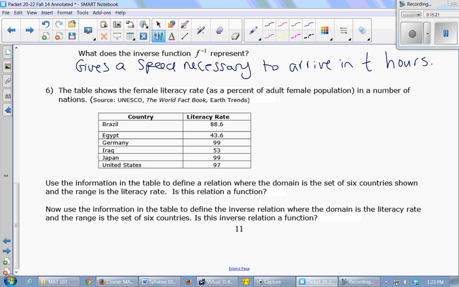Is that relation a function? If you use the countries as the domain and the literacy rate of that country as the range, the outputs. Yeah, because no country could have 2 different female literacy rates, right? So each input has exactly 1 output. So yes, this is a function.